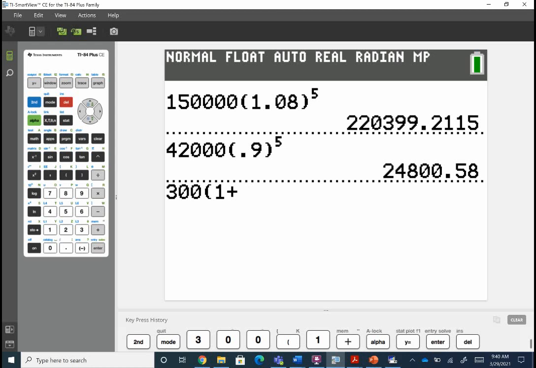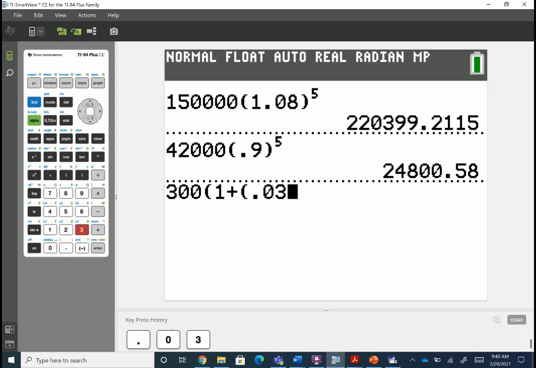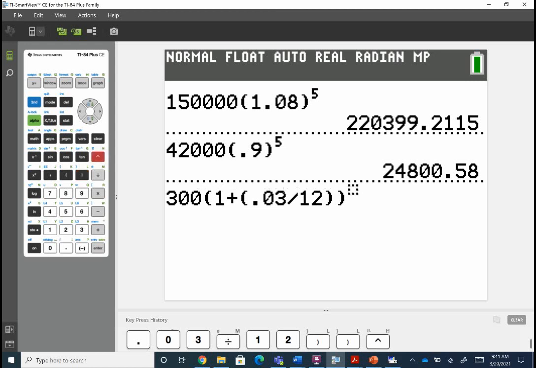So to do the fraction, remember we're going to use parentheses, 0.03, division key, 12. Close your parenthesis around the fraction. Close your parenthesis around the 1 plus the fraction. And then my exponent, we already simplified that. 12 times 4 is 48. Then you don't have to mess around with making sure the 4 times 12 is part of your exponent. Simplify that time piece.